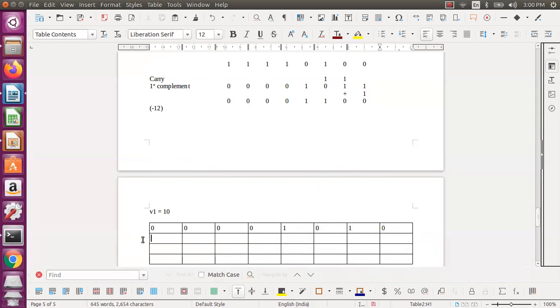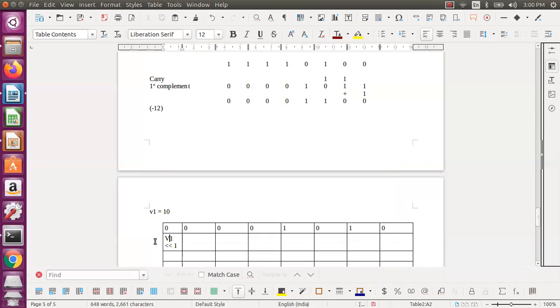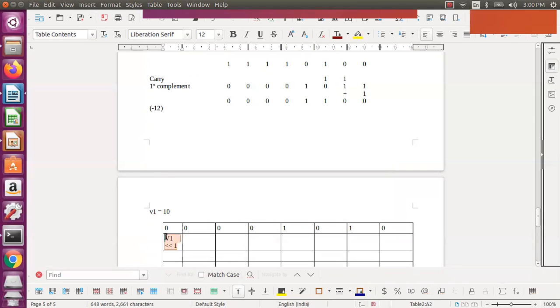Now you are doing a left shift, so I will write v1 left shift 1. Here I am just writing instead of outside, so I am not sure. If you have to adjust, maybe we need to write this one outside.